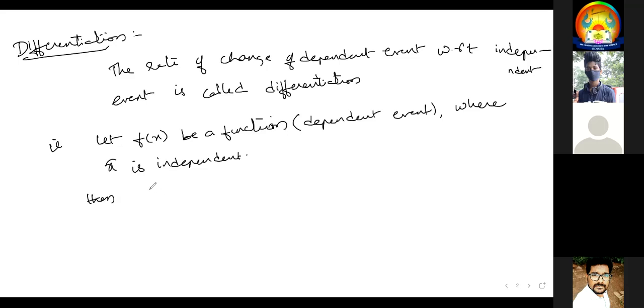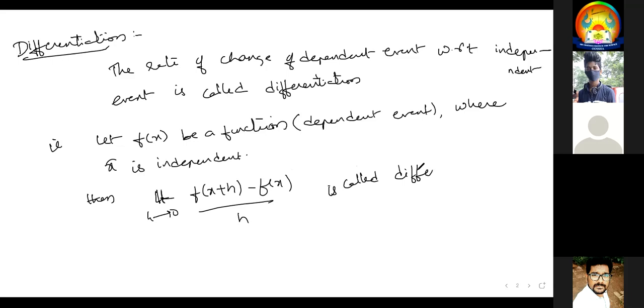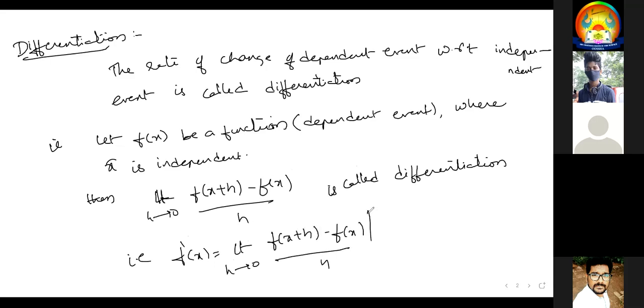Then limit h tends to 0, f of x plus h minus f of x by h is called differentiation. That is, f dash of x is equal to limit h tends to 0, f of x plus h minus f of x by h.